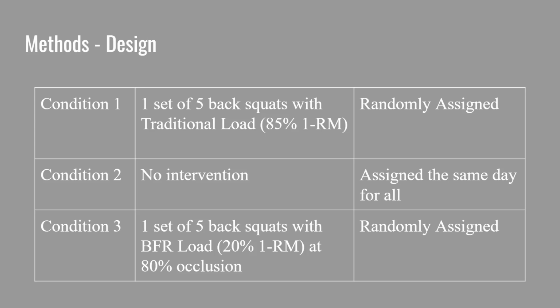If a person was assigned a different condition, fatigue may have still been in effect from trial 1. So that's why we had condition 2 assigned the same for all. Before we started condition 2, we had the participants self-report if they had any muscle soreness, and none of them reported any.